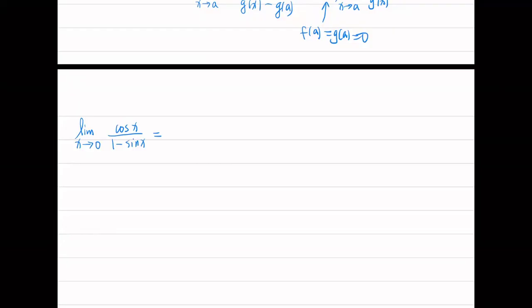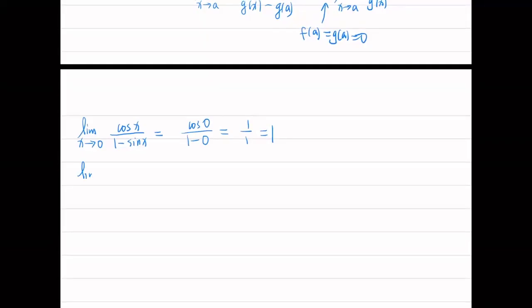If we plug in, see what we get. Plug in cosine 0, 1 minus 0, 1 over 1 is 1. If we apply L'Hopital's rule, see what we get.